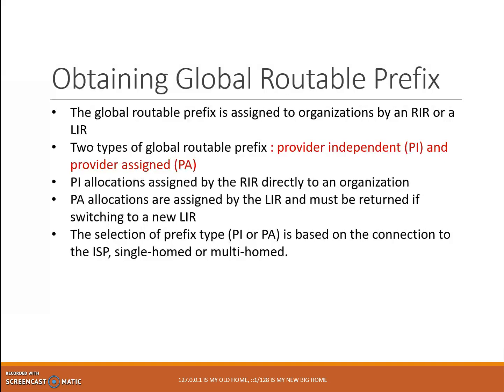So they must go to the RIR to be assigned a global routable prefix. But an organization that is single-homed typically receives a non-portable provider assigned PA assignment from an ISP. So for single-homed, we go for PA, and for multi-homed, we should go for PI.